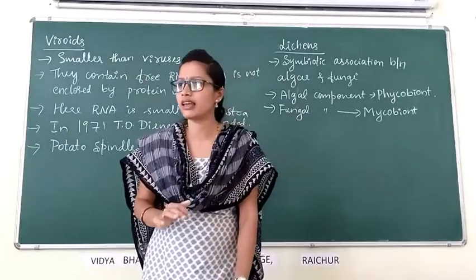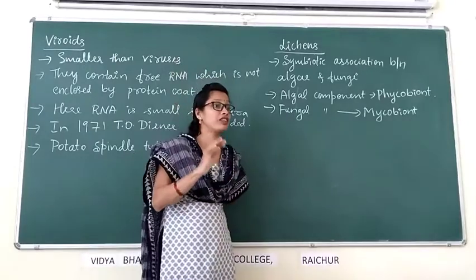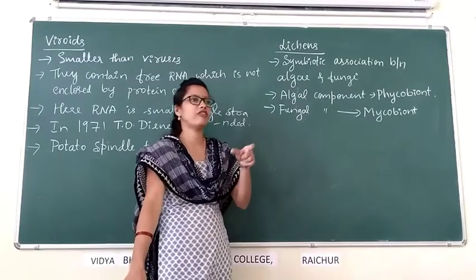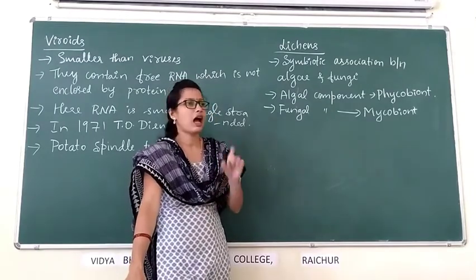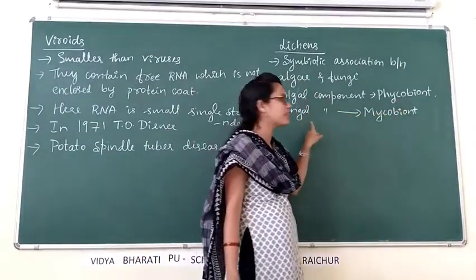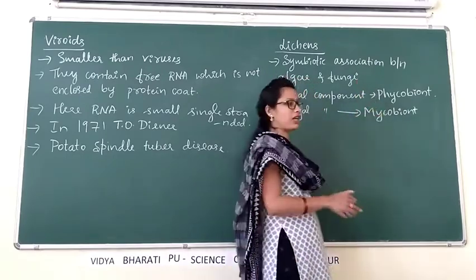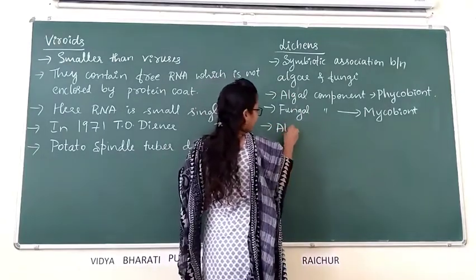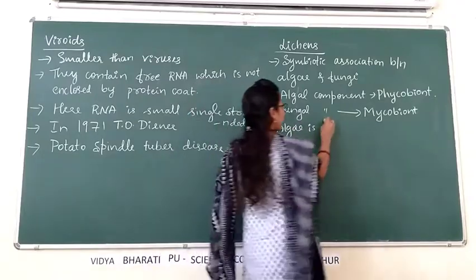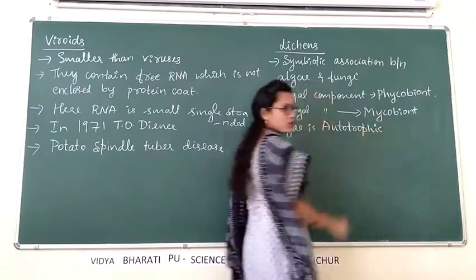We can observe lichens on tree trunks and the bark of trees. In that, both algae and fungi are present. The algal component is called phycobiont and the fungal component is called mycobiont. Both are beneficial. Algae, or phycobiont, is autotrophic because the photosynthetic pigment chlorophyll is present.